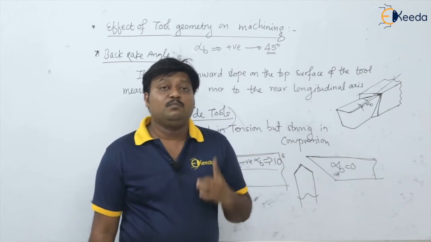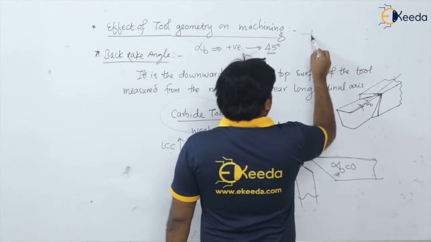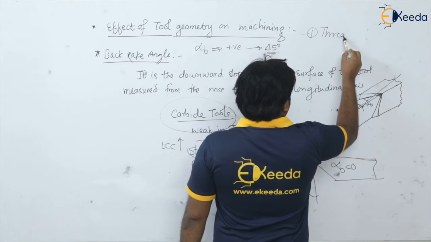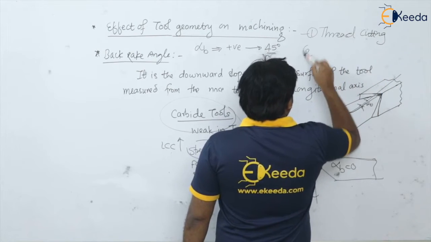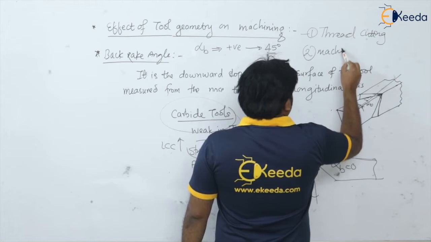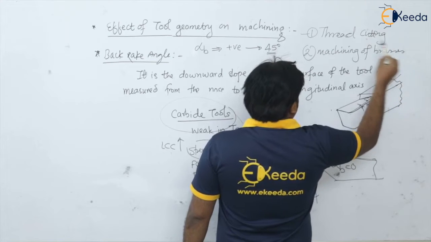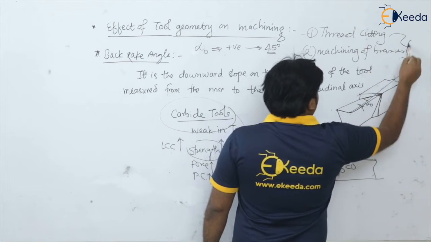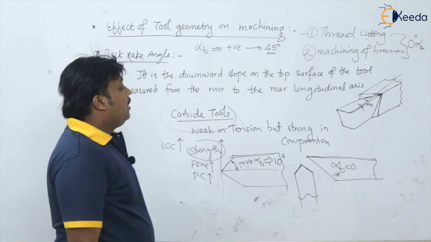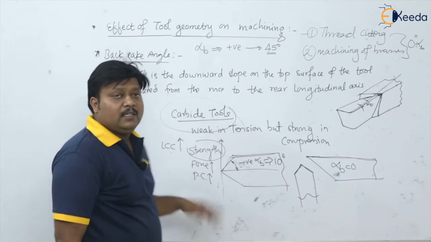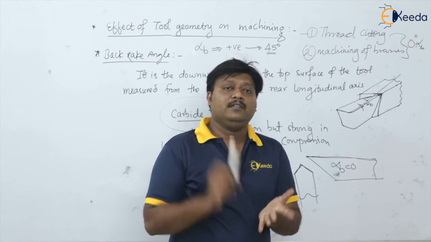Or in the case of machining of brasses: number 1, thread cutting, and number 2, machining of brasses, we are using this 0 degree rake angle. Please remember 0 degree rake angle. So please remember the value of the rake angles may be positive, 0 or negative.